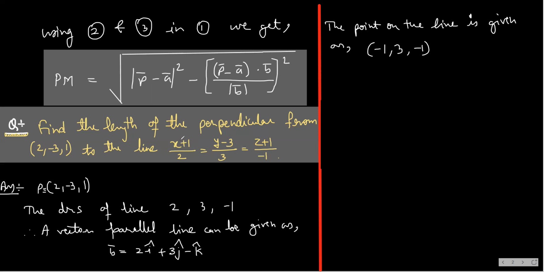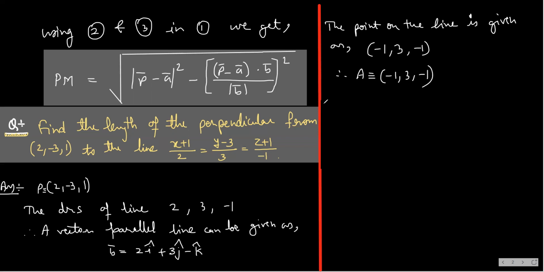You know the symmetric equation, you write the numerator in the form x minus of -1. You see this? It is x plus 1, so I write x minus of -1. This is y minus 3. And here I will write z minus of -1. After writing this negative sign, it is x minus x1, y minus y1, and z minus z1. So x1, y1, and z1 are the coordinates of the point on the line, right? This is my A. Let this point be A. Therefore, A is -1, 3, -1.